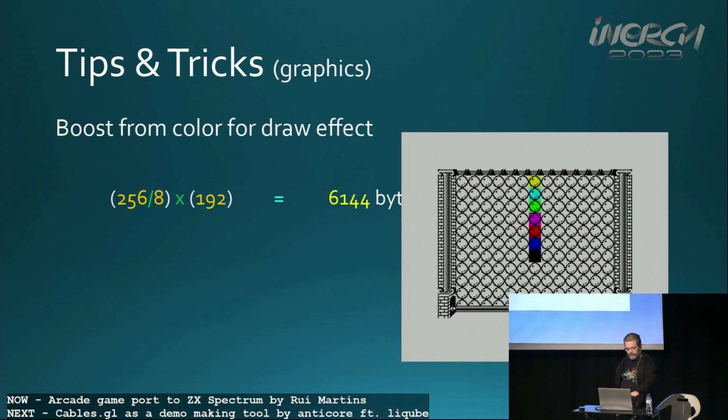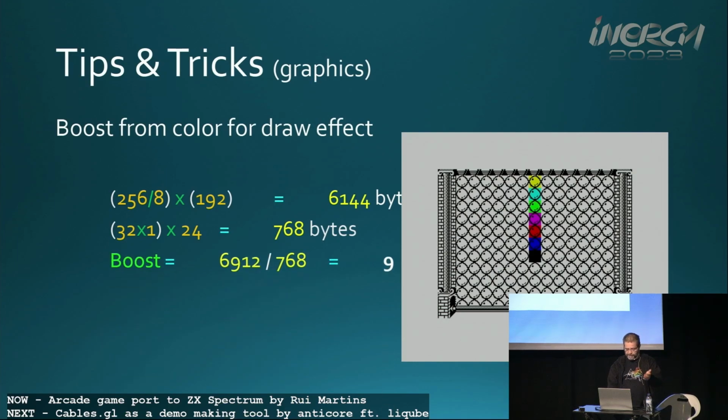So, from using the color draw effect to be faster, what do we actually gain by doing this? If we have 256 pixels horizontally divided by 8, because with a byte you define 8 pixels, that's the amount of bytes you have to transfer, right? And this is the amount of bytes you have to transfer for colors.